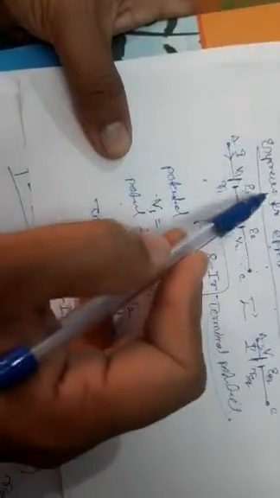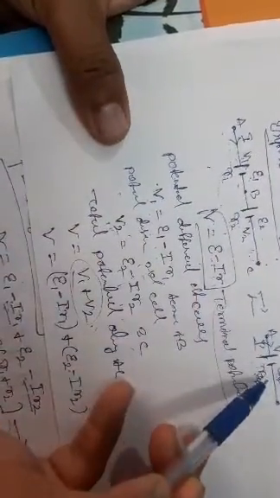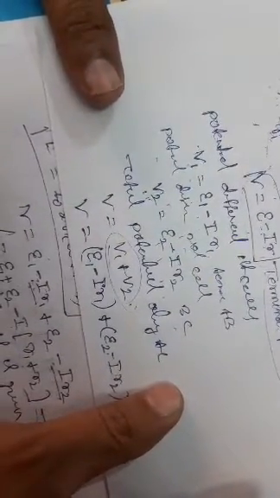The second diagram shows the combination of cells replaced by a single cell, called the effective or equivalent EMF of a cell. The equation is V is equal to E equivalent minus I R equivalent.